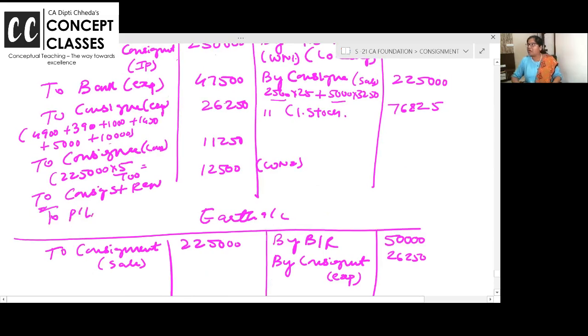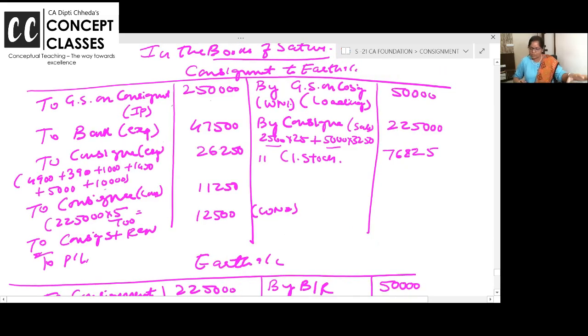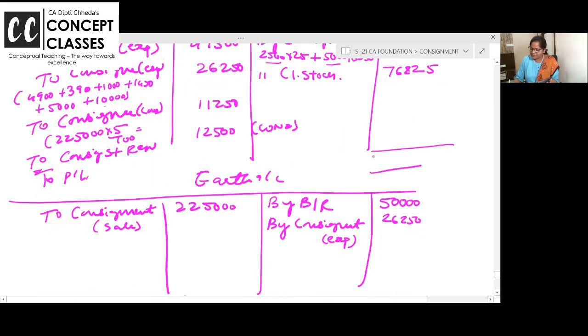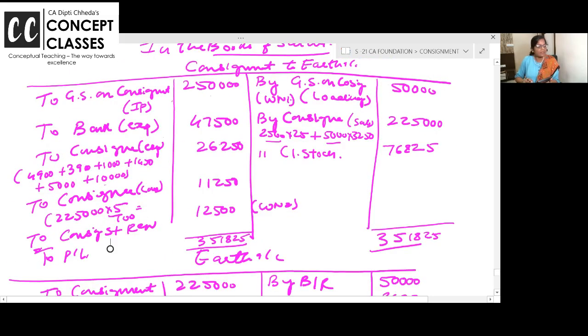Working note 2. Calculate the profit, dear students. I'll make some extra accounts and explain something more also on this. 50,000 plus 2,25,000 plus 76,825, 351,825. 351,825 minus 2,50,000.